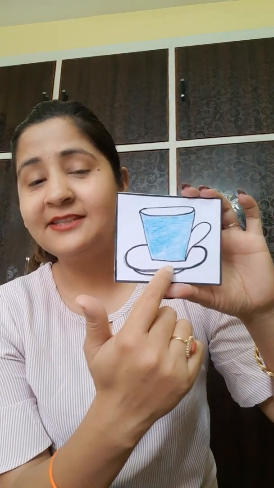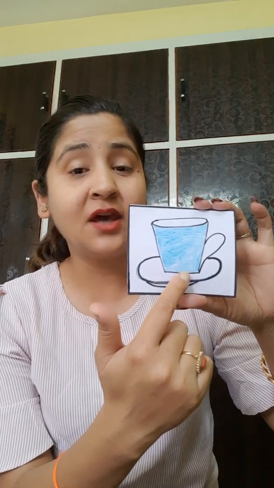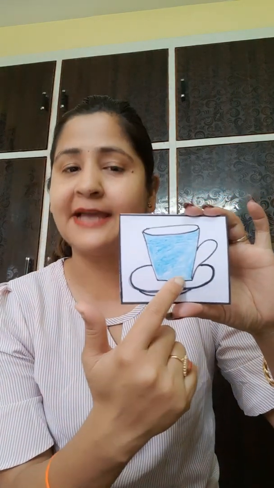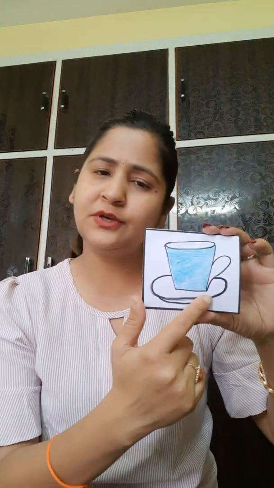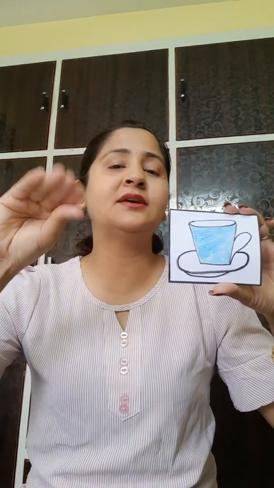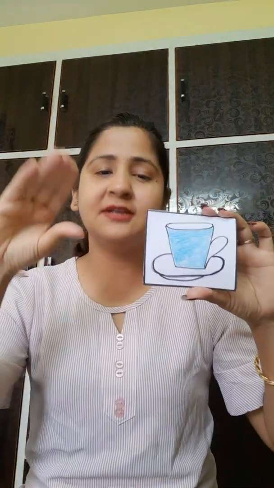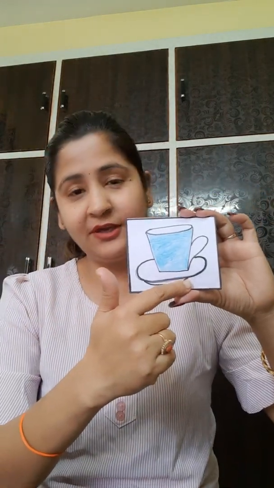Okay, good. And what is this? It's a cup. When we say cup, again we hear the beginning sound k, k, k, right? So let's do it together. Action and sound. K, k, cup. I hope I made you all clear about the sound, the action and the different words.